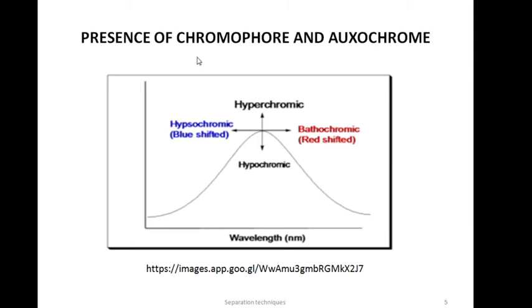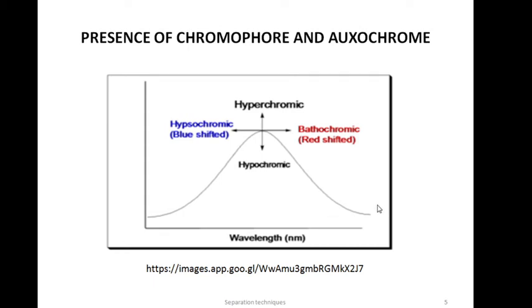When you intensify the color, the peak should rise up. Hence, presence of an auxochrome will lead to hyperchromic shift, that is, rise in the peak occurs.